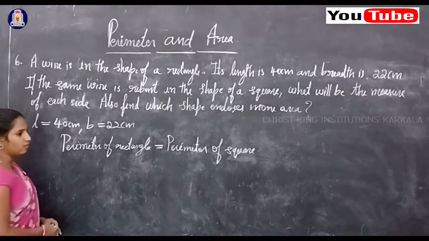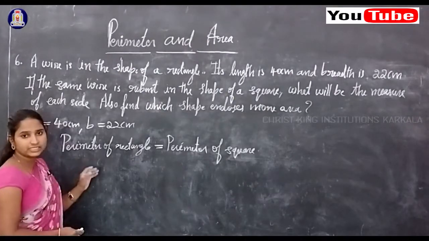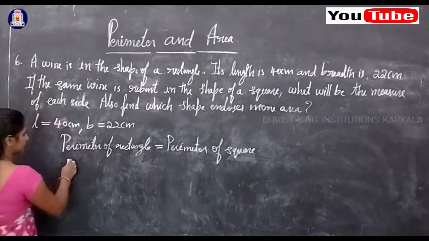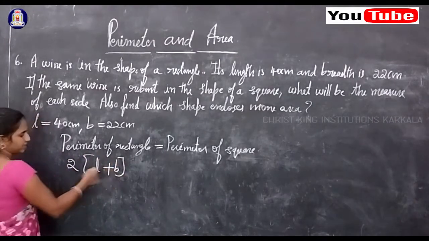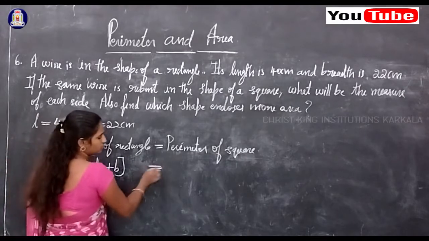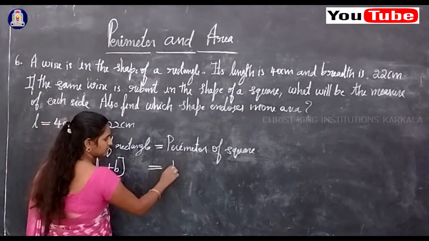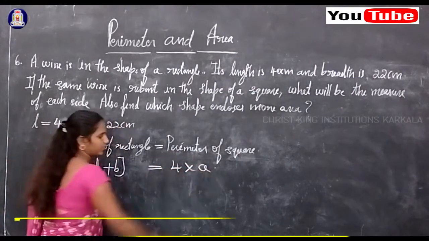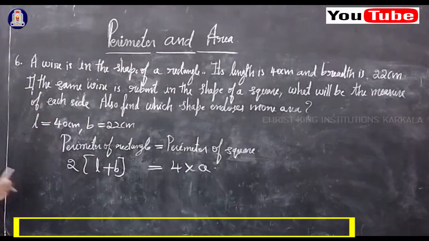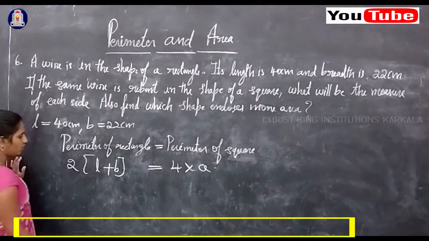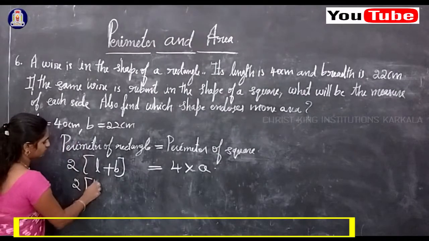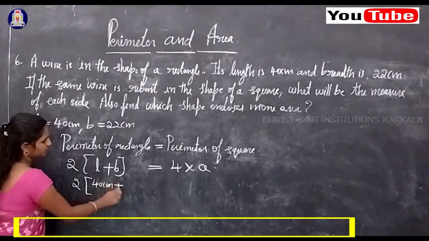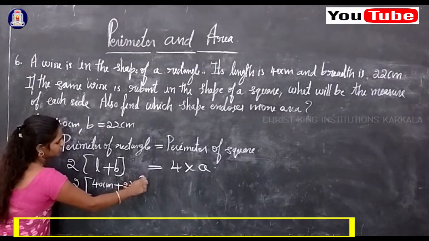Clear? So now the perimeter of a rectangle formula is 2 into (length plus breadth). The perimeter of a square formula is 4 into a, where a means a side, so 4 sides. Now the length is 40 centimeter and the breadth is 22 centimeter.